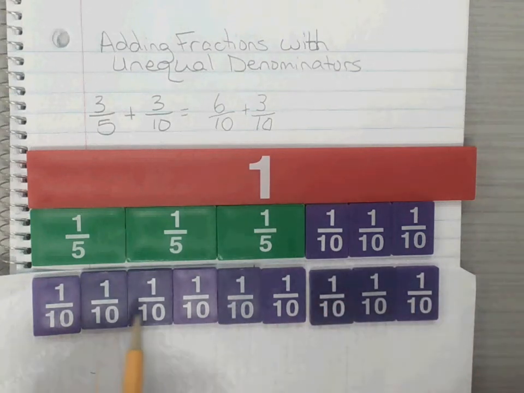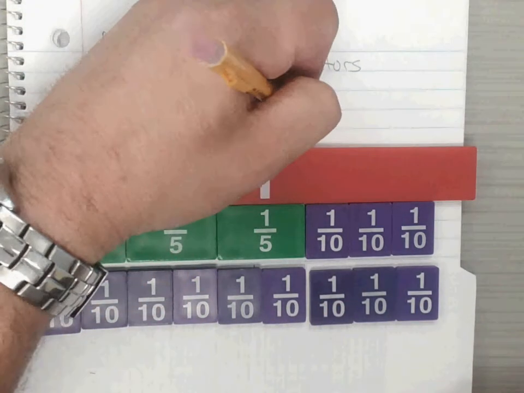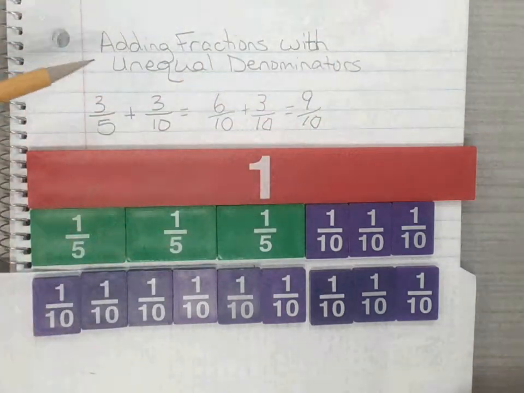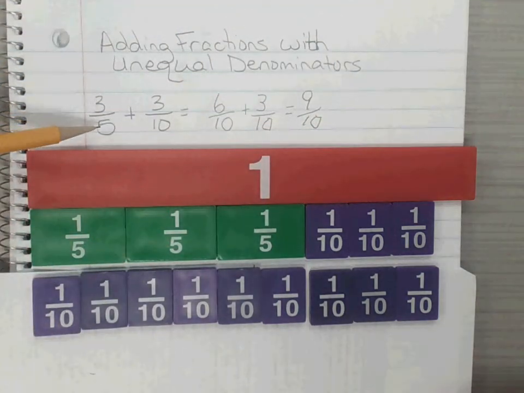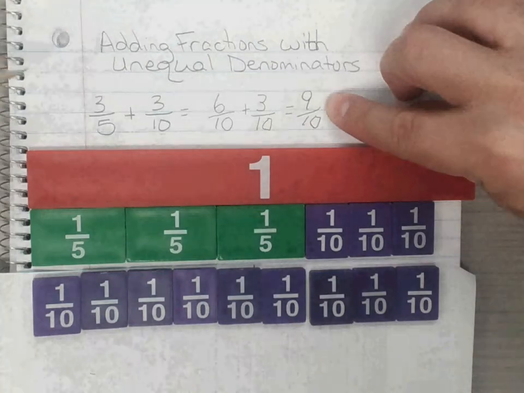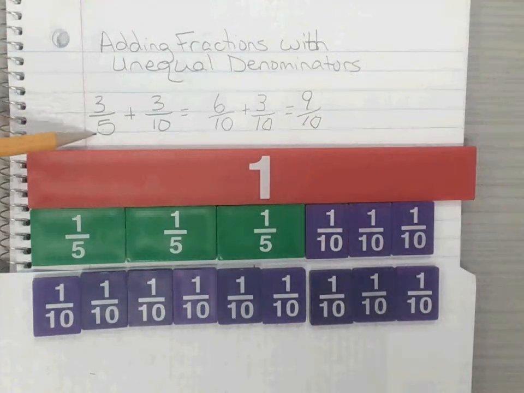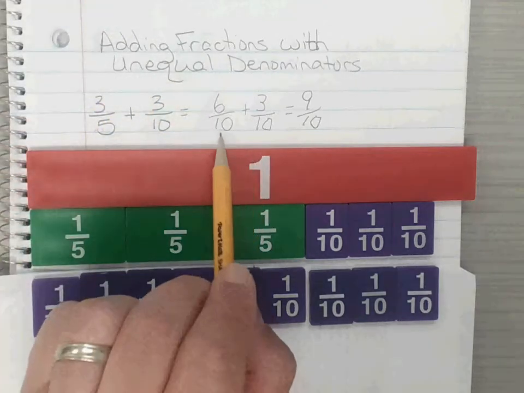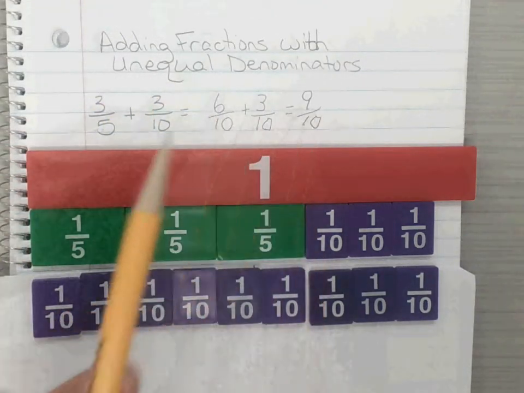And if I add that together, of course, I will get 9/10. So going back to my original problem, 3/5 plus 3/10 equals 9/10. And I did that by changing 3/5 into 6/10. And now I have equal denominators, and I can add that.